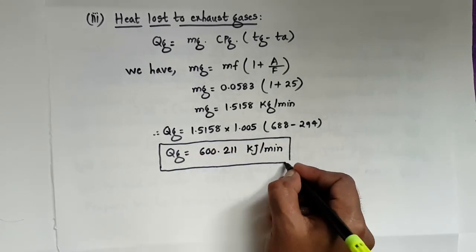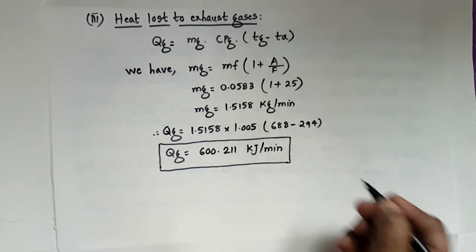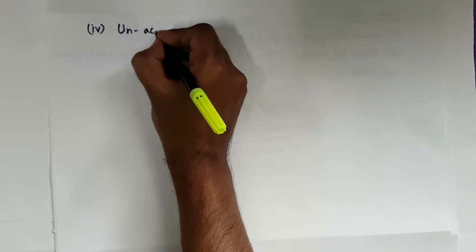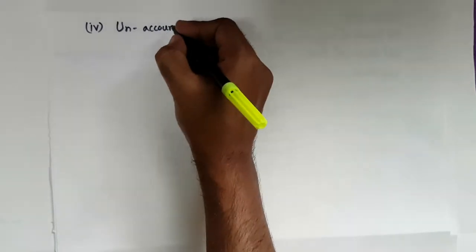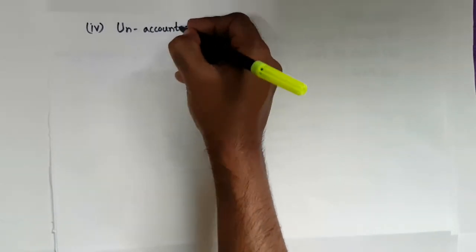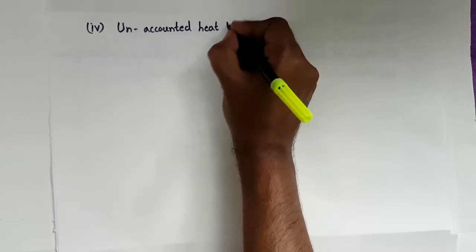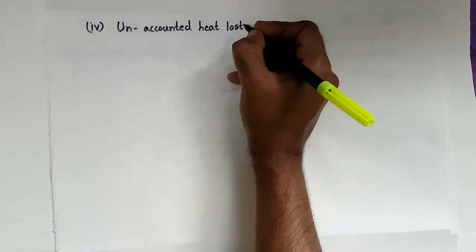Again, this is an important element of heat expenditure: unaccounted heat loss. These are the miscellaneous losses which take place inside the engine, but exactly that value we can't determine.